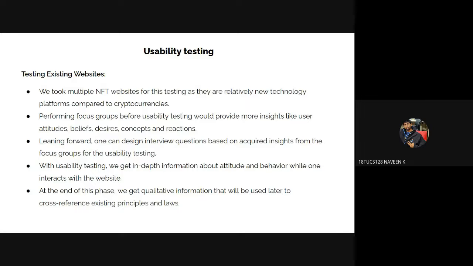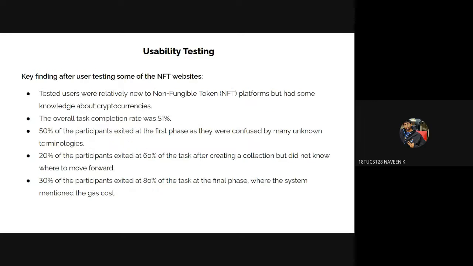We performed usability testing and got attitudes, beliefs, desires, concepts, and reactions. From this, we came to know that there are many problems in the existing websites. So we thought to take into consideration Jacob's and Hick's law, which I mentioned earlier, and we have built the new one.